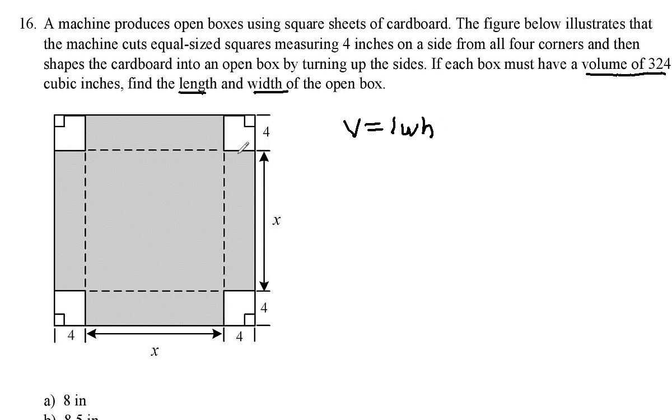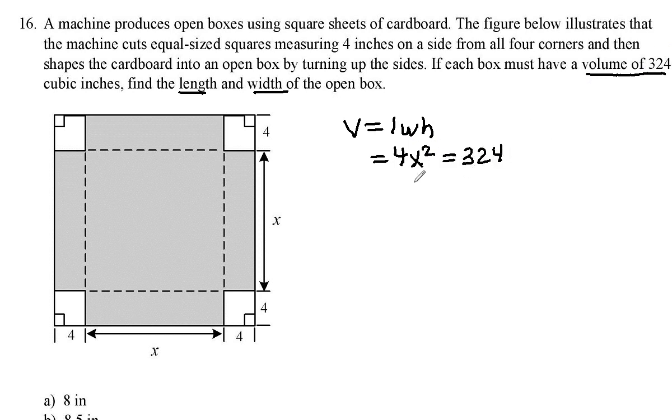And then the height, well, this right here folds up to make the height of the box, and that is 4 inches. So your height is 4, length is x, width is x. So that volume is actually 4x squared, and that's got to equal 324.